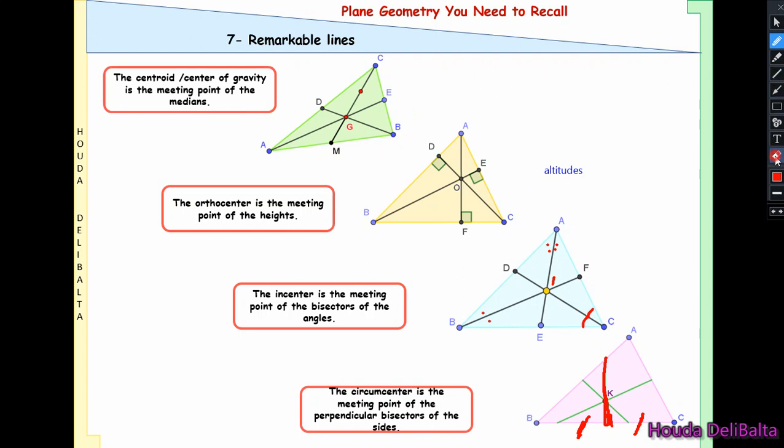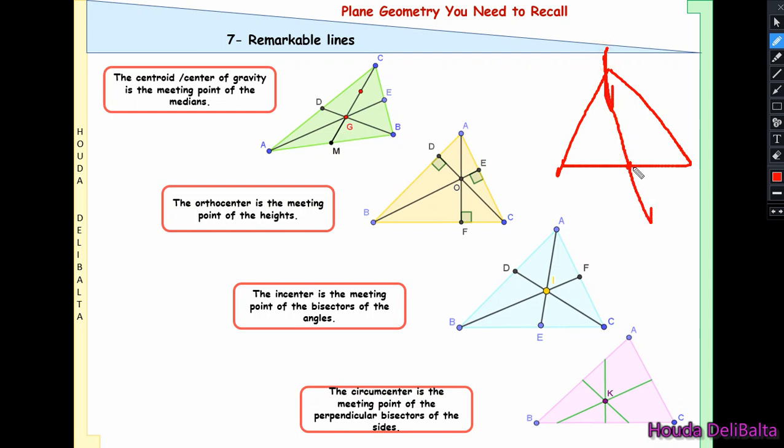There is a property that I should remind you of. It is concerning the isosceles triangle. In an isosceles triangle, here is the vertex and here is the base. The median relative to the base from the vertex is also a bisector of the vertex and a perpendicular bisector to that base.